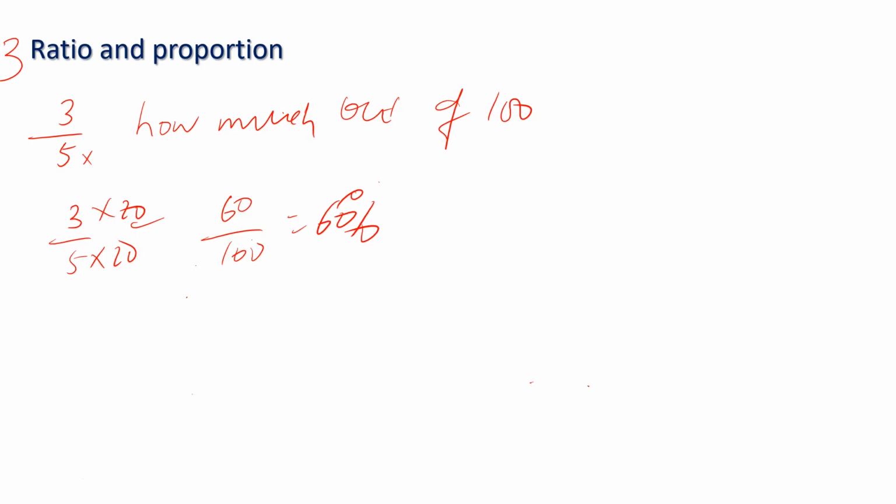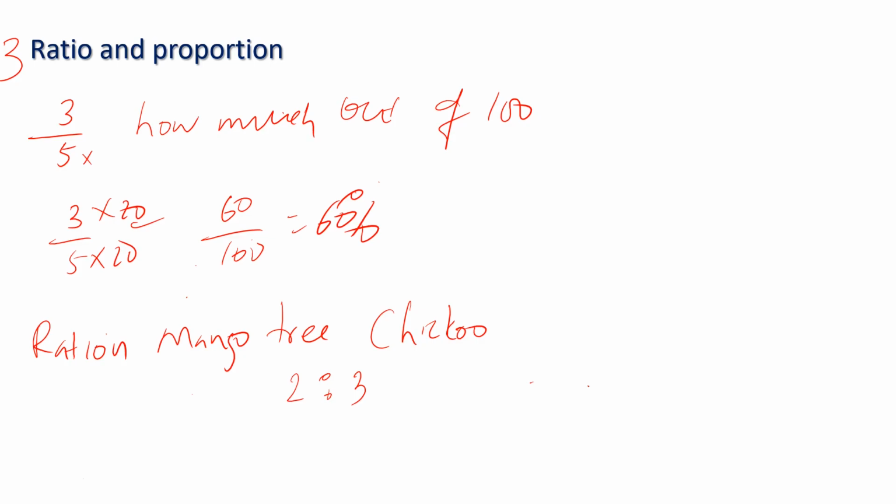Now, something a little more complicated. The ratio of mango trees and chiku trees is given. What is the ratio given? The ratio is given as 2:3. फिर बोलता है, if you add 5 more trees to each. 2:3 का मतलब it will be a multiple of 2k:3k. हमको नहीं मालूम कितना 2000 है क्या 3000.